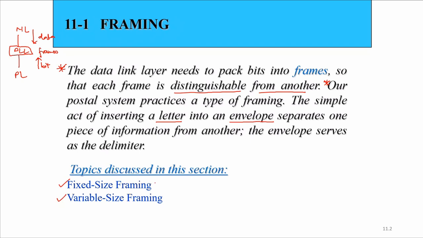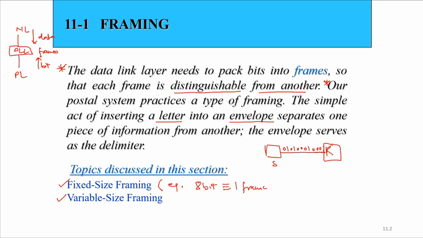What is the meaning of fixed size framing? It means the size is already fixed. For example, 8-bit means one frame will have 8 bits. This is fixed. Whenever data is sent from the sender to the receiver, suppose a set of bits like 0 1 0 1 is sent.